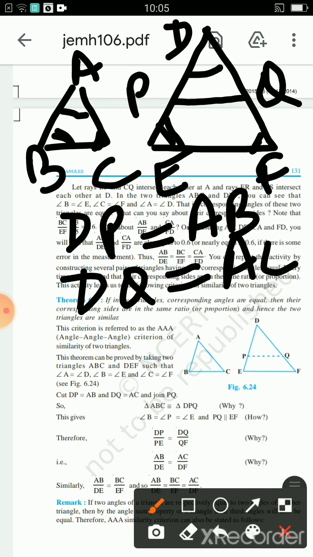So when these two lines are equal, and also angle A is equal to angle D, then the two triangles ABC and DPQ will be congruent by side-angle-side.